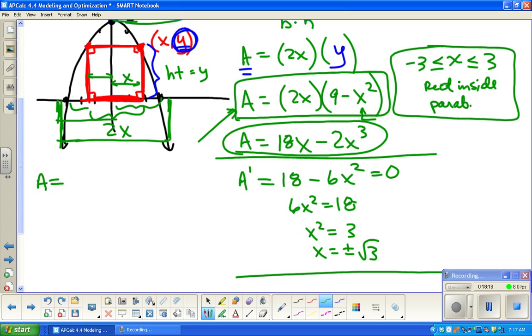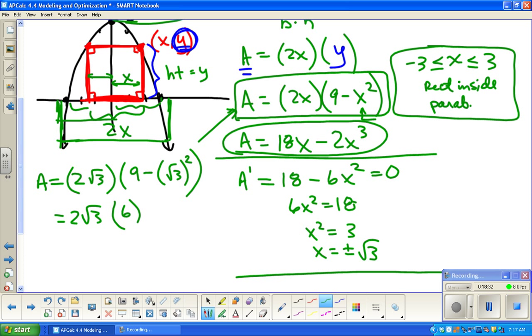Okay, so 2 square root of 3, 9 minus square root of 3 squared. So this is 2 square root of 3. 9 minus 3 is 6. So 12 square root of 3. Okay, so this is where the critical point is. The critical point is at square root of 3, 12 square root of 3.